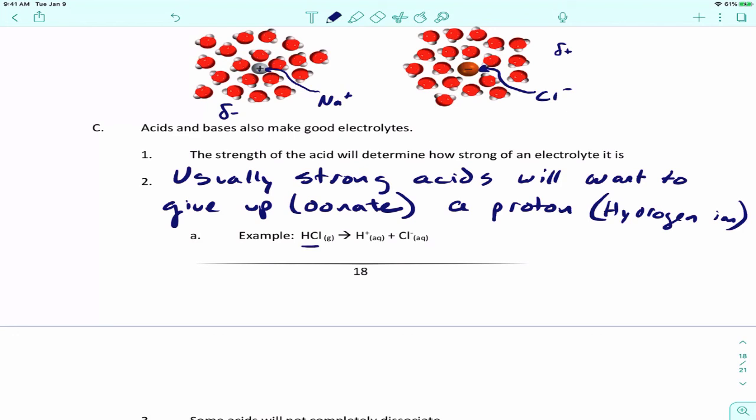Okay, so an example would be HCl. If HCl breaks apart, it's going to release a hydrogen ion or a proton, depending on how you want to define it.